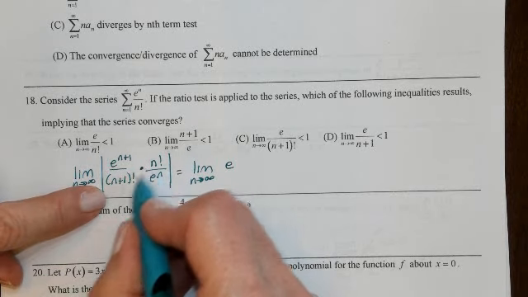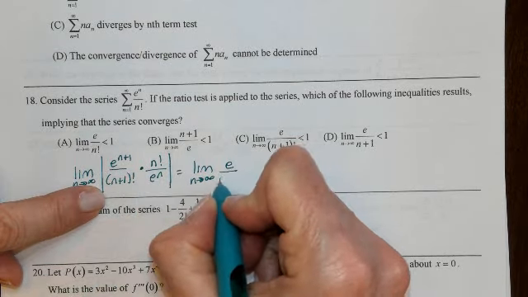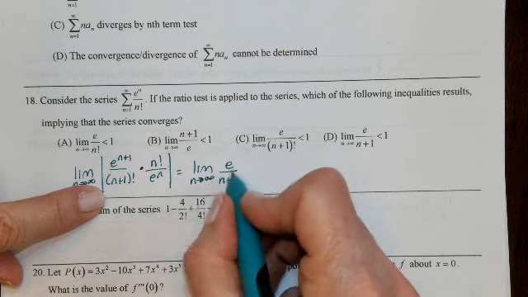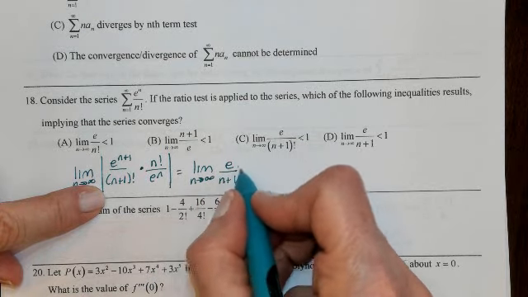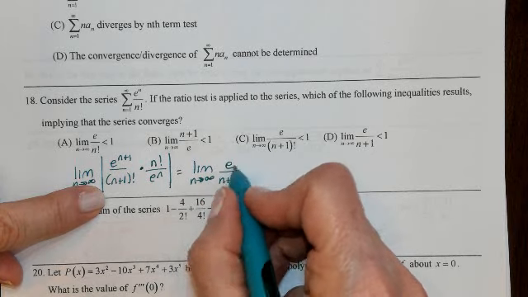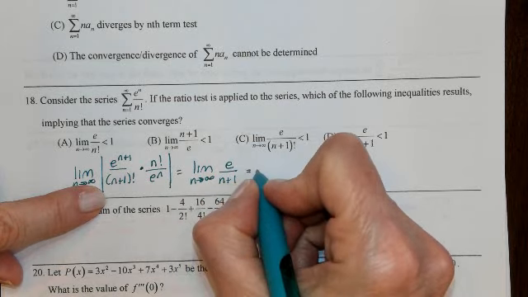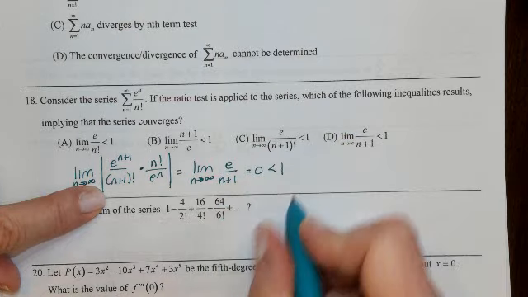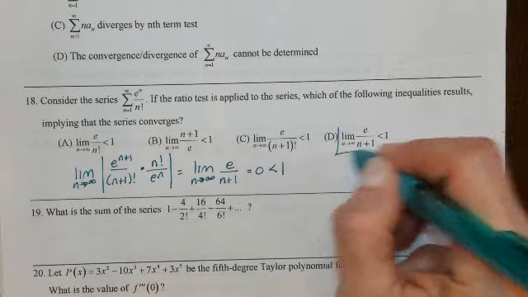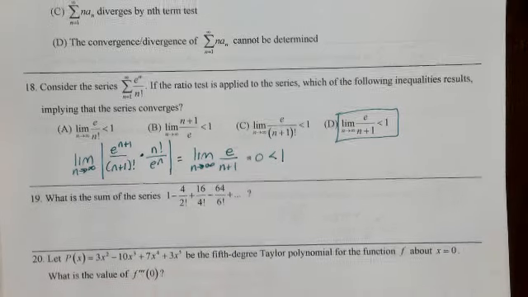And then the factorials reduce to just an n plus 1 on the bottom. This limit is equal to 0, as n goes to infinity, this goes to 0. So this is equal to 0, which is less than 1. So which of these is that one? It will be this. So D.